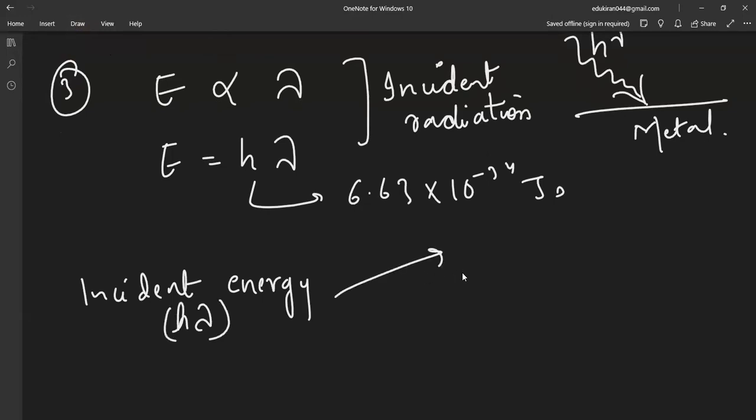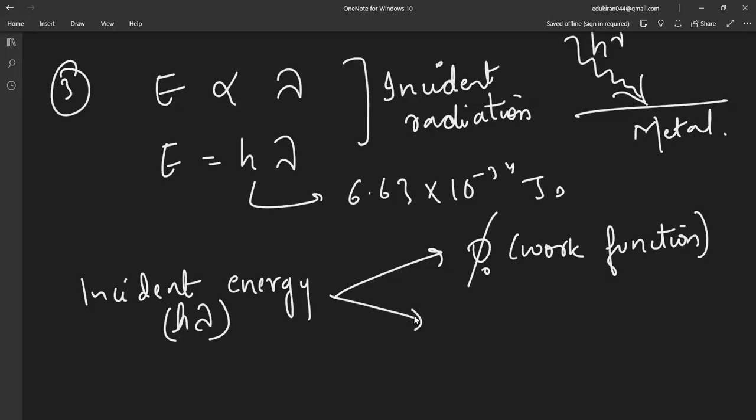A part of the energy of the photon was used in liberating the electron from the metal surface. That is, a minimum amount of energy was required to liberate it. That was the concept of work function. Secondly, the remaining energy of the photon was used in imparting kinetic energy to the ejected electron, because it was moving, so kinetic energy was required.